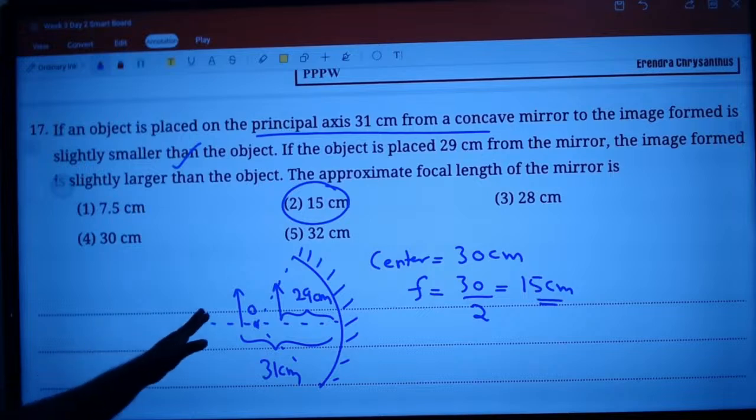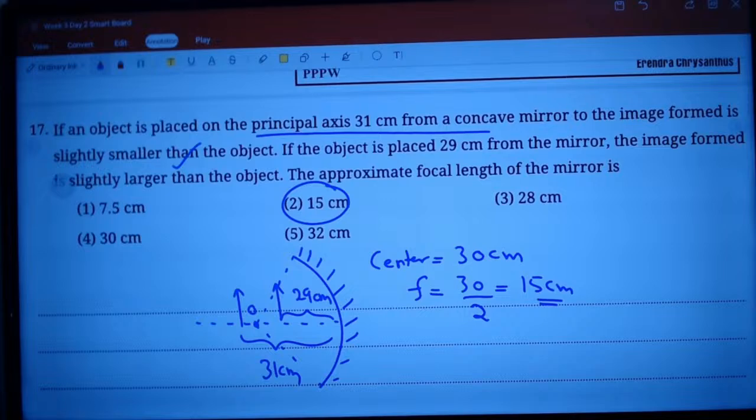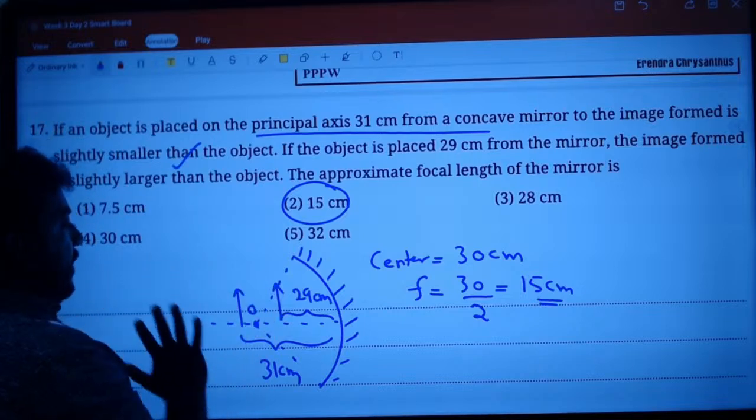And if the object is kept at 29 centimeter, the image will be a magnified image.